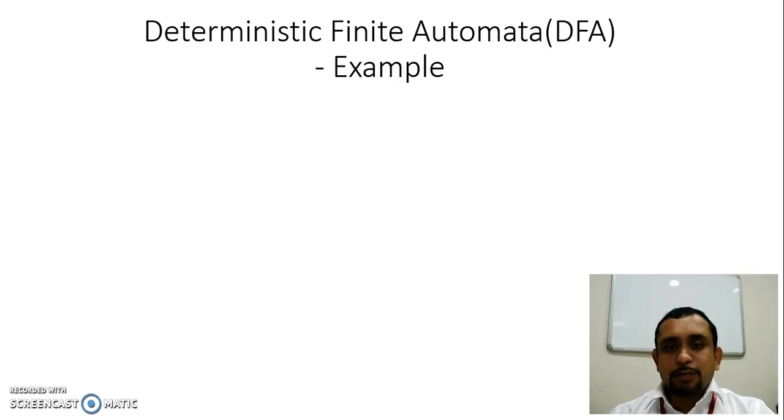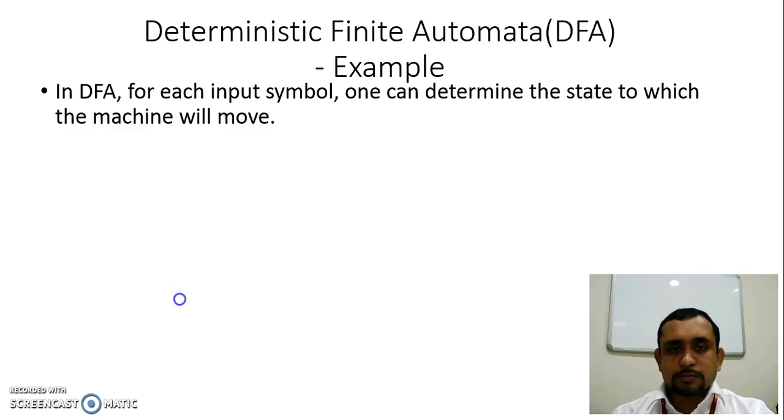Let's talk about deterministic finite automata. In a deterministic finite automata, for each input symbol, we can determine the state to which the machine will move. There exists another finite automata which is referred to as a non-deterministic finite automata. The difference between them is that in a DFA, if we apply any input on any given state, we are able to determine where the machine will move.